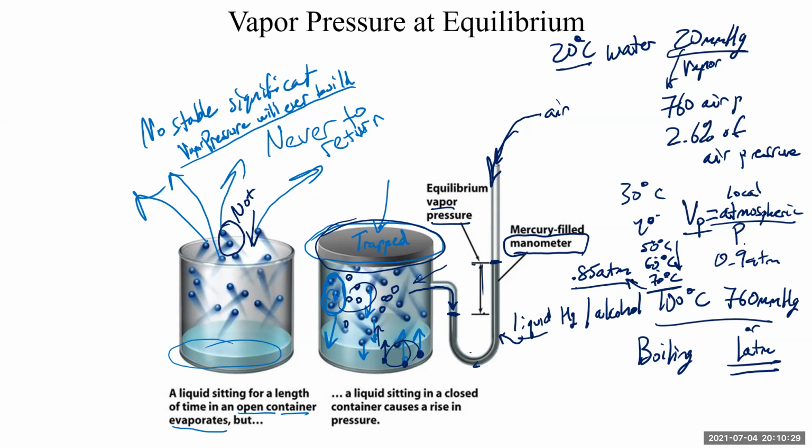So it's easier to achieve boiling at high altitudes because of the lower atmospheric pressure. That's the idea. So boiling point is the temperature at which vapor pressure equals local atmospheric pressure.